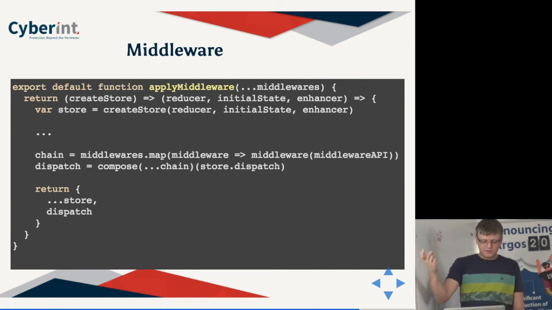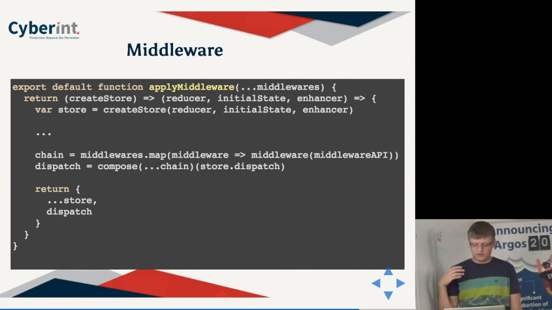So we get our list of middlewares, and we replace the original dispatch method with the enhanced one, and when some action occurs, first it gives middlewares the ability to apply their logic based on the action and the current state of the application.